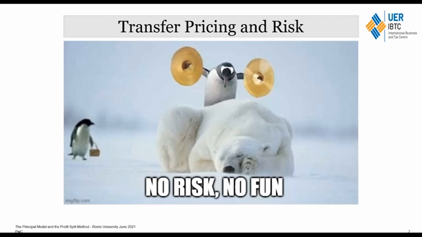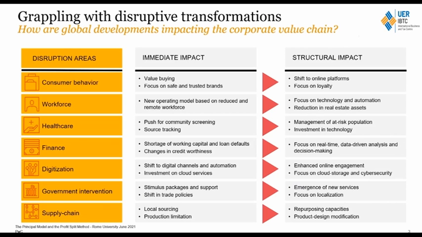So if we go to the next slide, please, Alessandro, thank you so much. Very quickly, we see a number of disruptive areas where the way in which multinationals are run is also affecting the way in which we need to look at control over risk. And so this is where, again, referring to paragraph 1.10, we have to think about industrial organization economics.